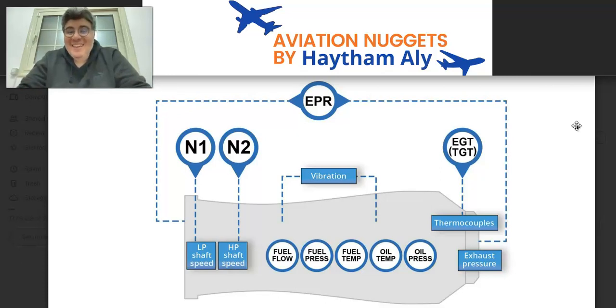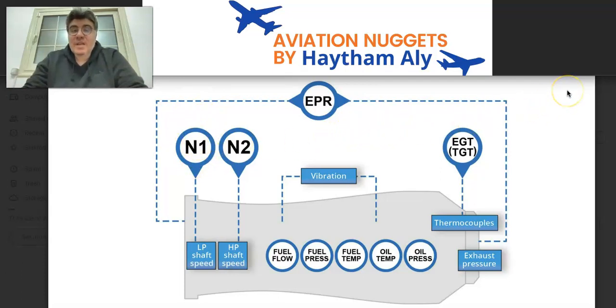You can tell me that it may be EPR or N1. Some engines have EPR for engine thrust indication, and some other engines have N1, low pressure rotor speed or fan speed, as engine thrust indication. So for engine thrust indication and measurement, we have EPR gauges and also the N1 speed sensor, or fan speed sensor.